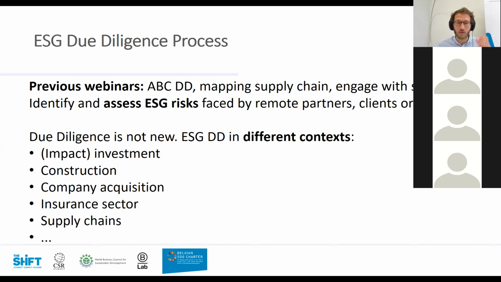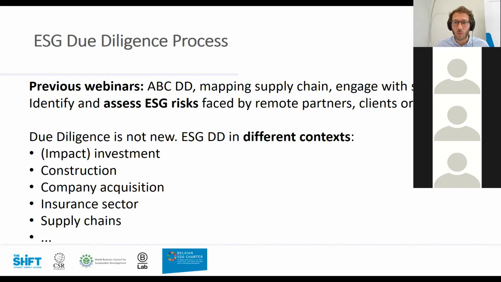Then we tried to understand the best practices to engage with your suppliers about sustainability, how to create a relationship and trust with them, to discuss those sometimes sensitive topics.